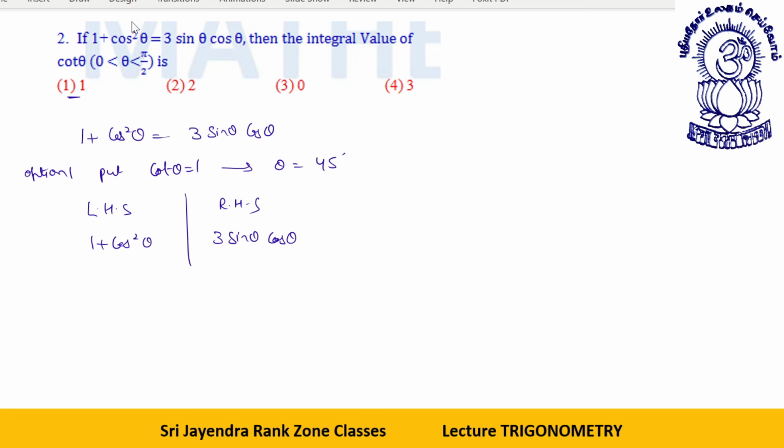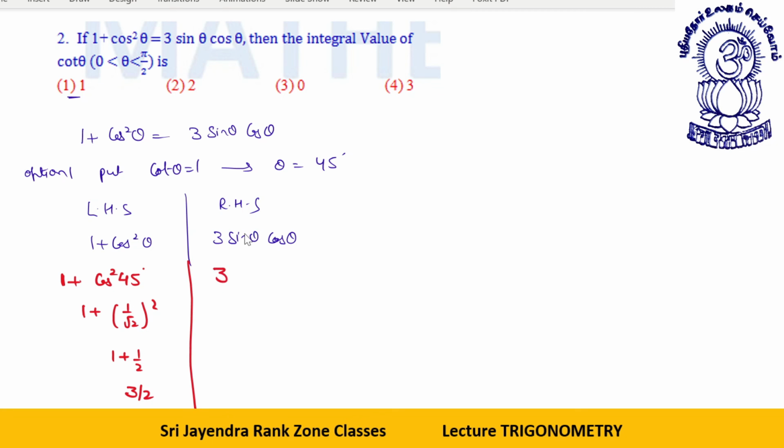Okay, dear students, 1 plus cos square theta, that is 1 plus cos square 45 degrees. What is cos 45 degrees? 1 by root 2. 1 by root 2 square is 1 by 2, so 1 plus 1 by 2, that is 3 by 2.